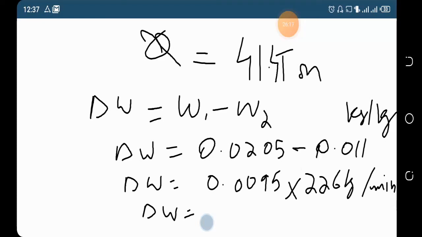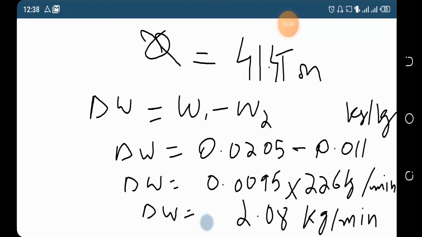Multiplying by 226, we get 2.08 kg per minute. Okay, we have found the three quantities that needed to be calculated. It means that in a single minute 2.08 kg of water is removed.